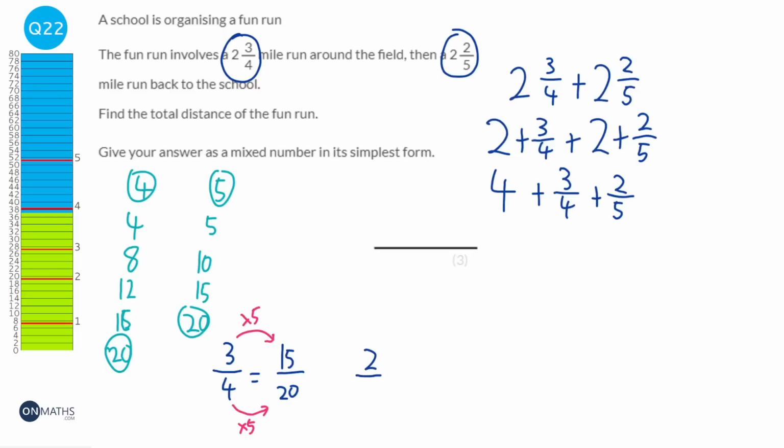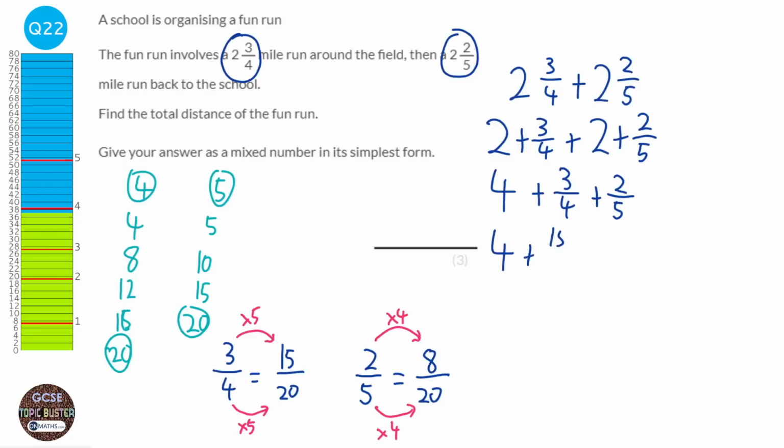And for 2/5, we'll get that bottom to 20. So we times that by 4. And so we've got to times the top by 4 as well to make it 8. So it's going to be 15 over 20 plus 8 over 20. So we need to add the numerators.